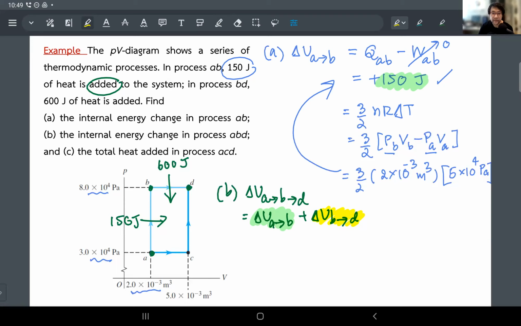All right, guys. Find me the change in the internal energy from B to D. Just make sure that you know how to do this.